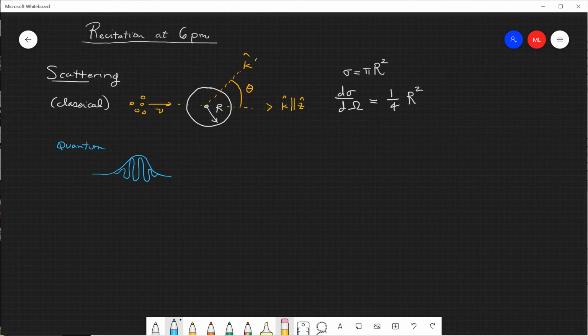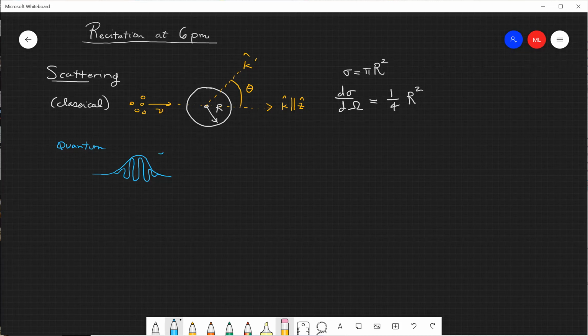But we can understand a lot of properties of scattering by just looking at the wiggles in here, the stationary states, without thinking about the time dependence exactly.